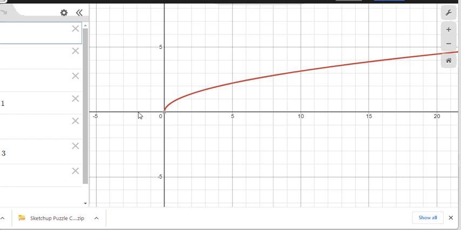So the domain of these can't be anything smaller than 0. And our range, we don't get anything smaller than 0, because you can't get a negative value when you take a square root of something.